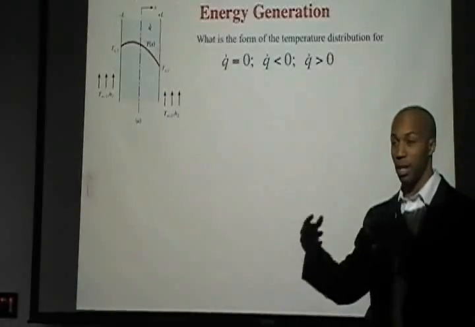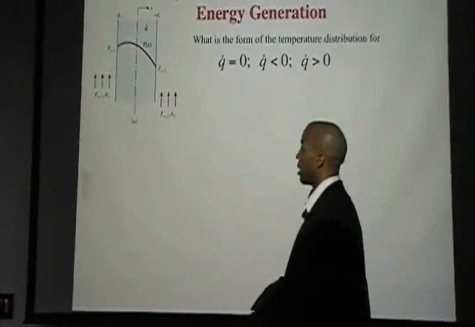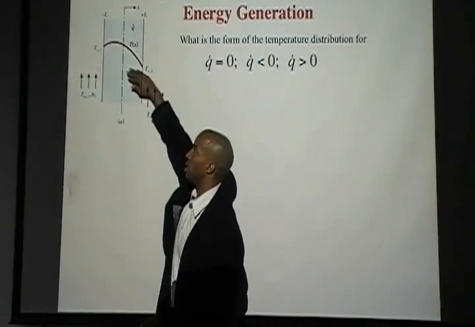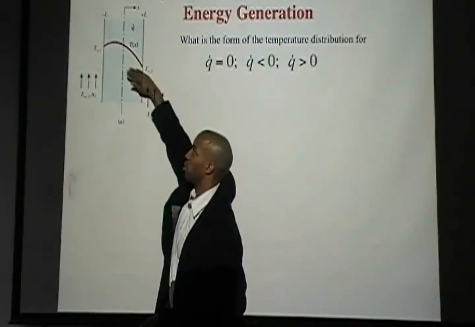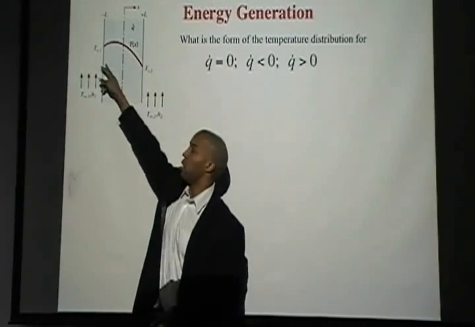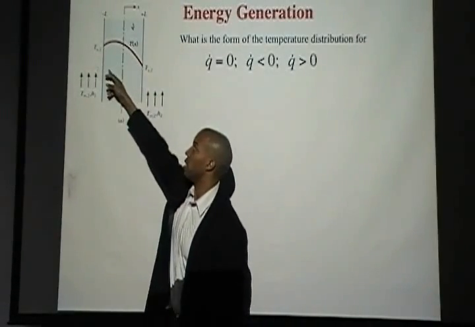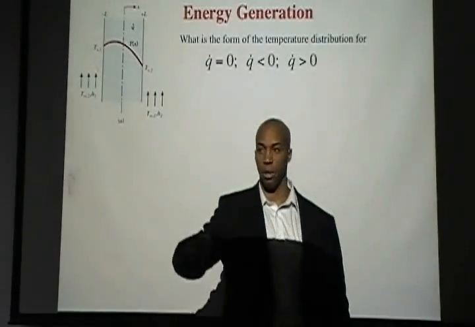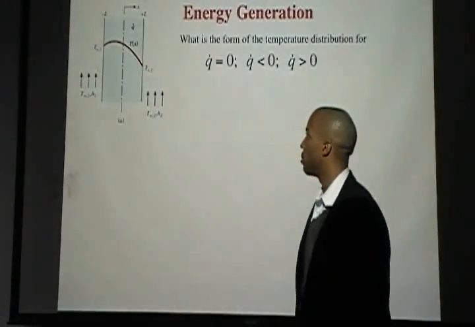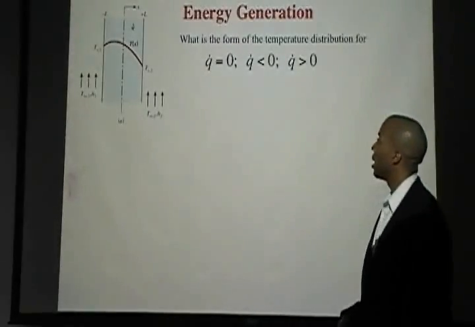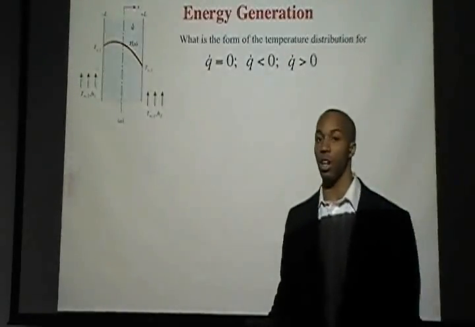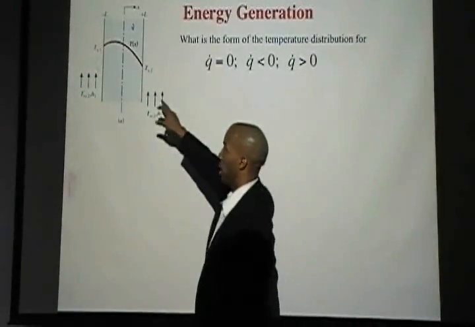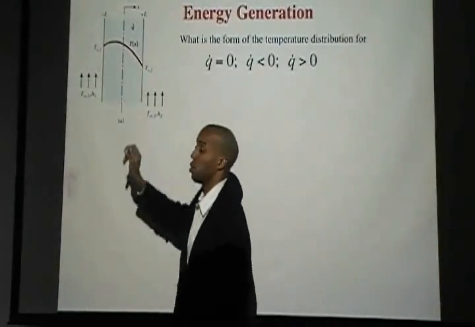If energy were being extracted from the system, then we would mirror this curve about a line so that the parabola would now be in the other direction, shaped like a bowl. And if there was no energy generation at all, then the line would be linear between T1 and T2.